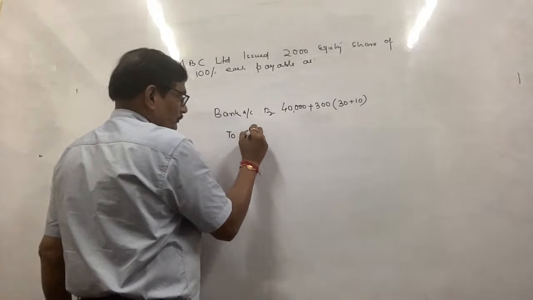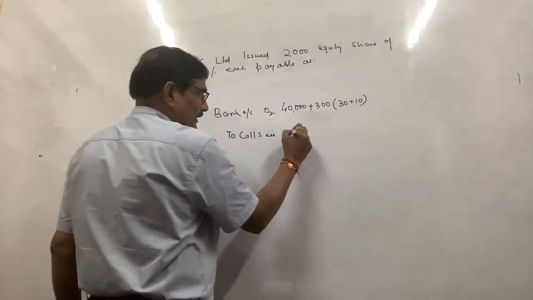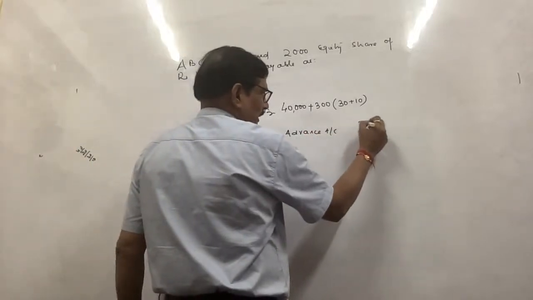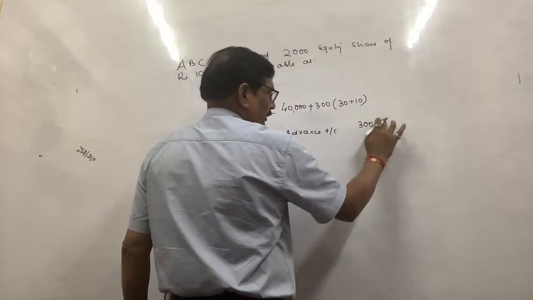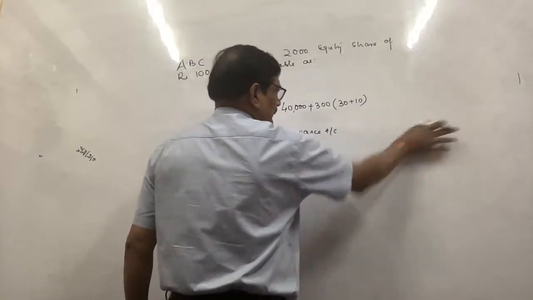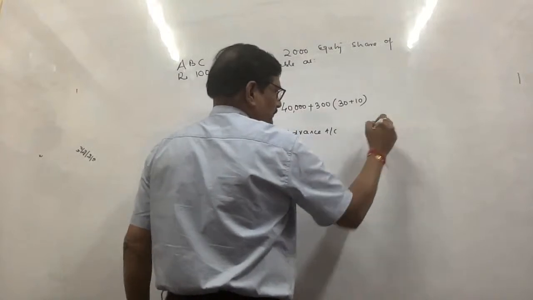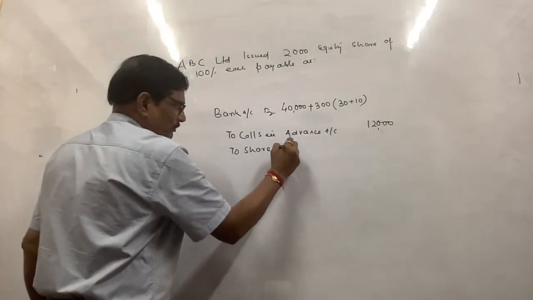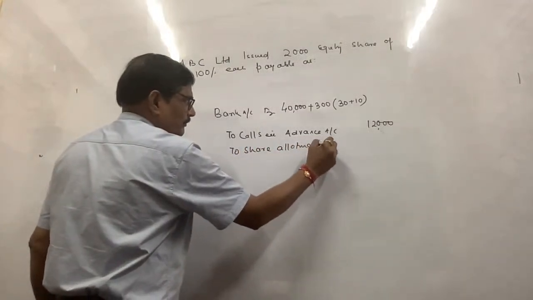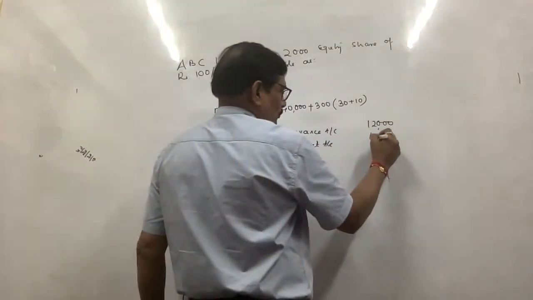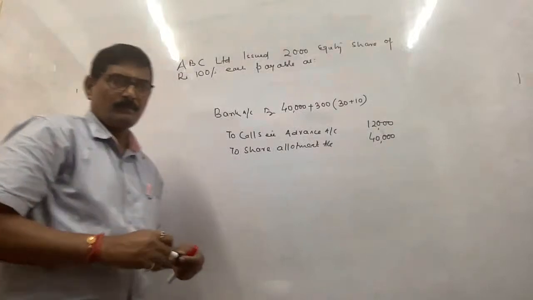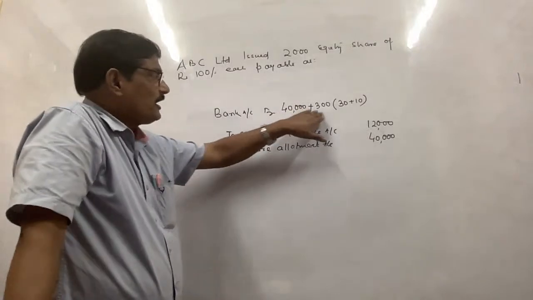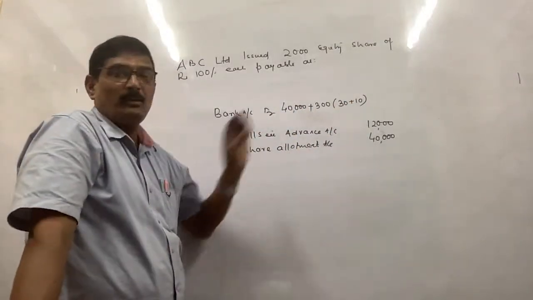To calls in advance account, 300 into 40, that is 12,000. To share allotment account, 40,000. Calls in advance 12,000 we have received, and share allotment 40,000.